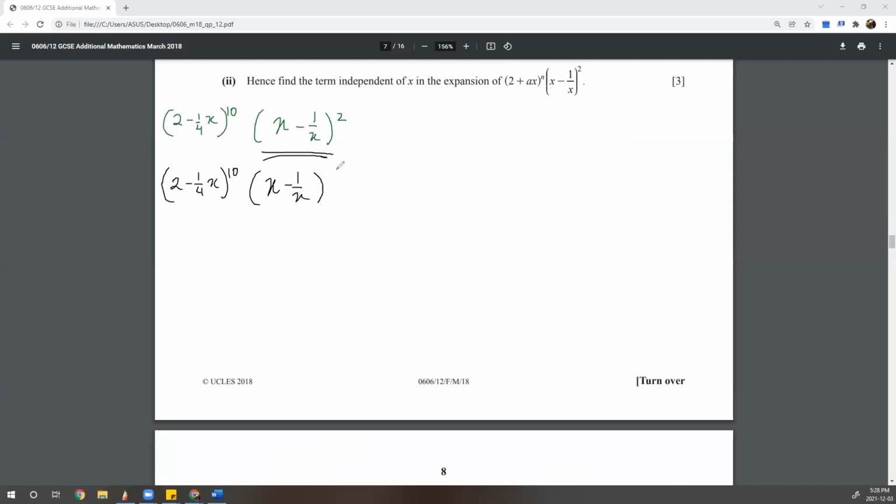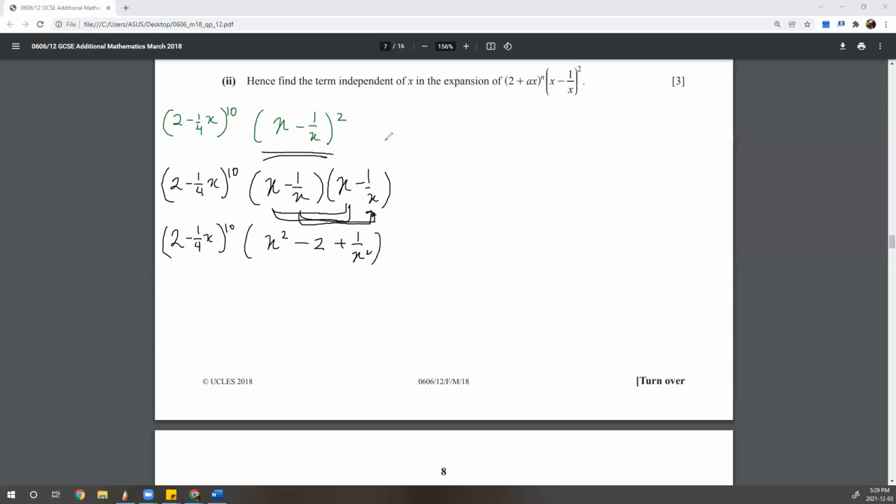If it is the square, it's very simple, right? Do it super slowly. So 2 minus 1 over 4x. Why is the 4 always bad? Okay, x power 10 times x squared minus 1, so minus 2, and then plus 1 over x squared.